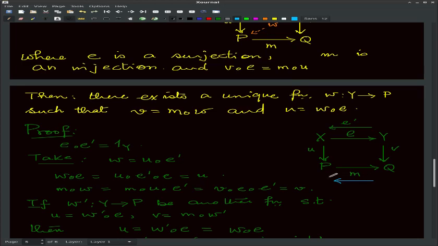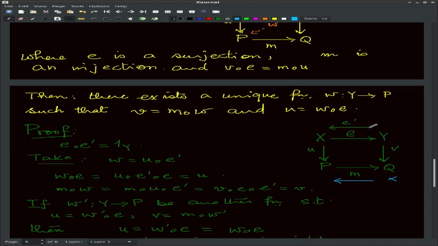You see why I chose the right inverse of e, because I wanted to find a path from Y to P. That's what the proof is saying. I have to find a path from Y to P such that the full diagram commutes. So that's why I didn't consider the left inverse of an injection, although it exists. I only considered the right inverse.